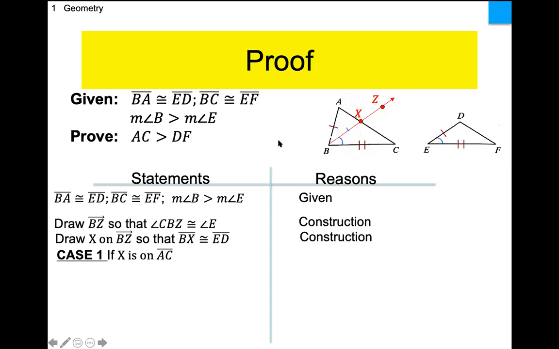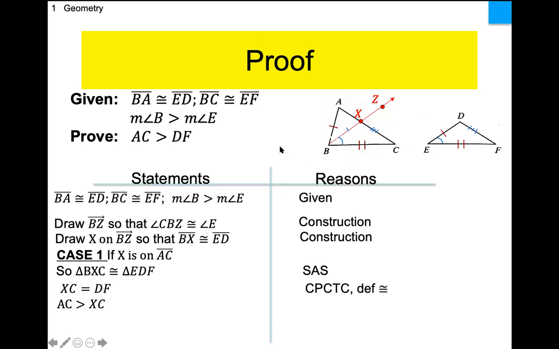So if X is on AC, remember that's only case one, then those two triangles, BXC and EDF, are congruent by SAS. Cool. So if those two triangles are congruent, then immediately we could say that XC is congruent to DF, right? Because of CPCTC. So 1, 2, 3, 1, 2, 3. All right, well, that makes sense.